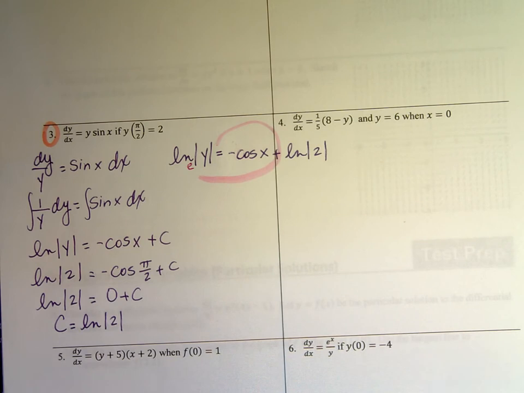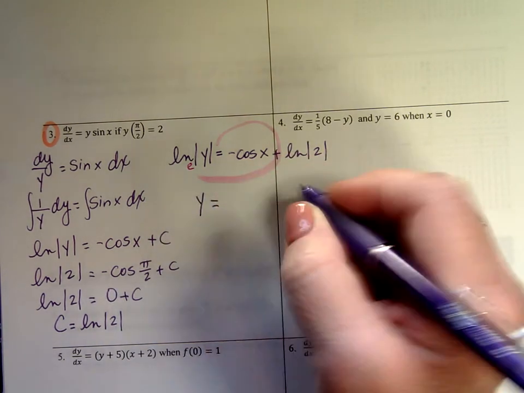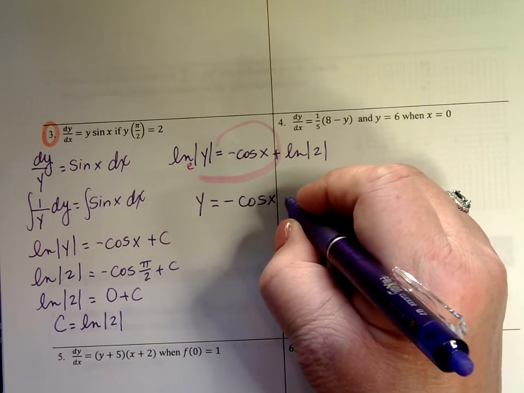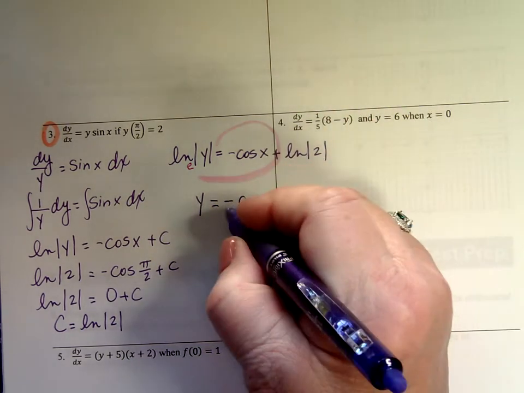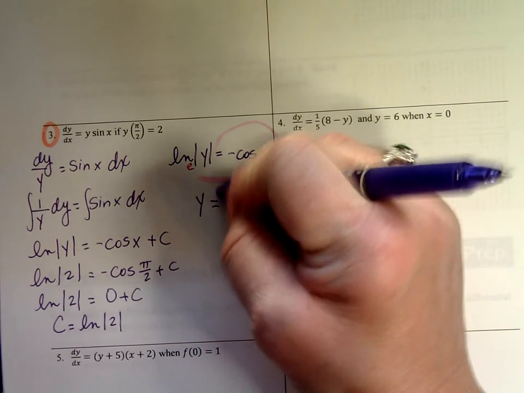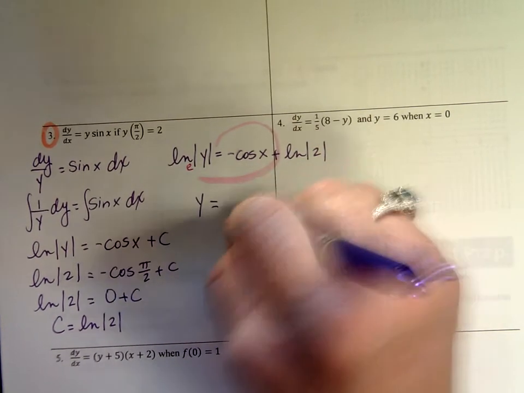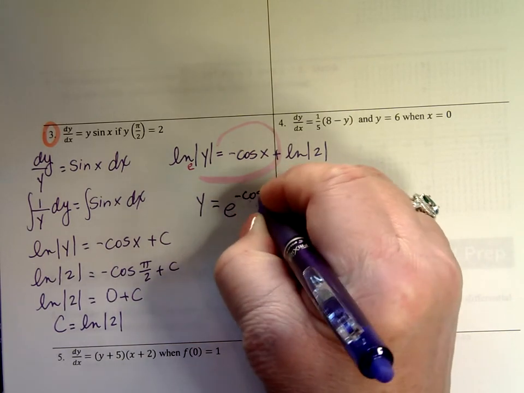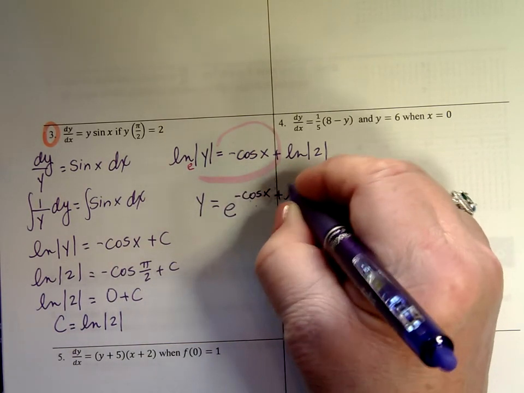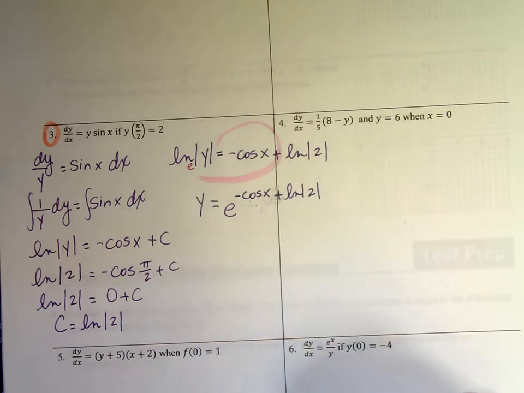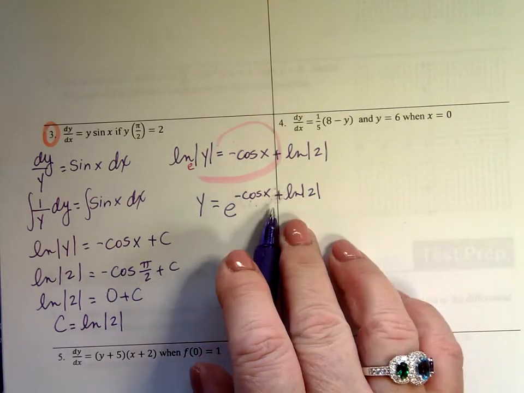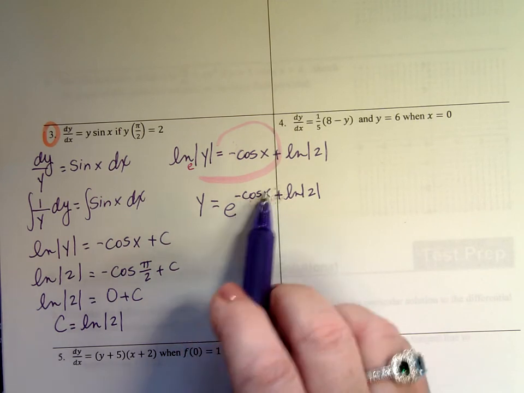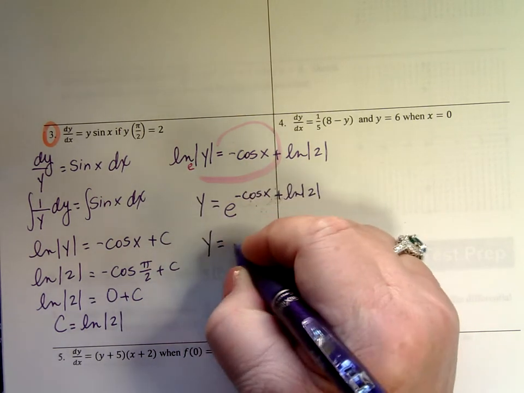So I'm going to have y equals e to the negative cosine of x plus the ln of 2. And that's what y equals. So I'm good with this.